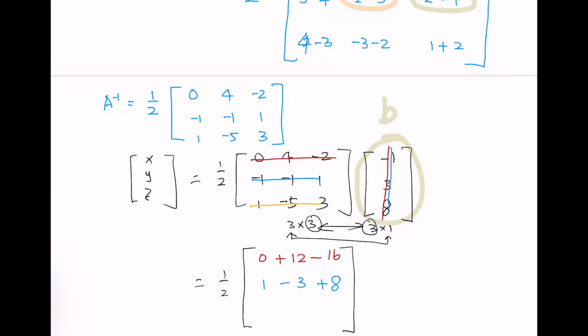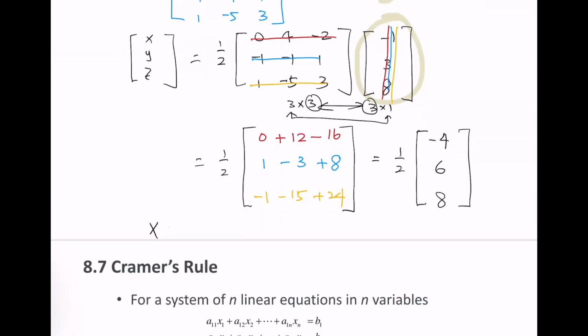Third row: 1 times -1 is -1, -5 times 3 is -15, 3 times 8 is 24, and then -16, +9, 8. So x equals -2, y equals 3, and z equals 4.